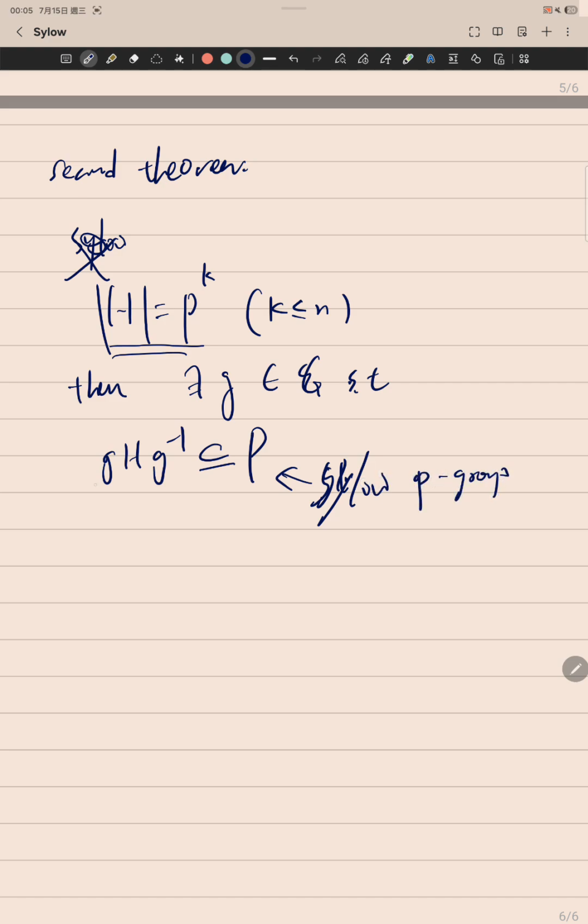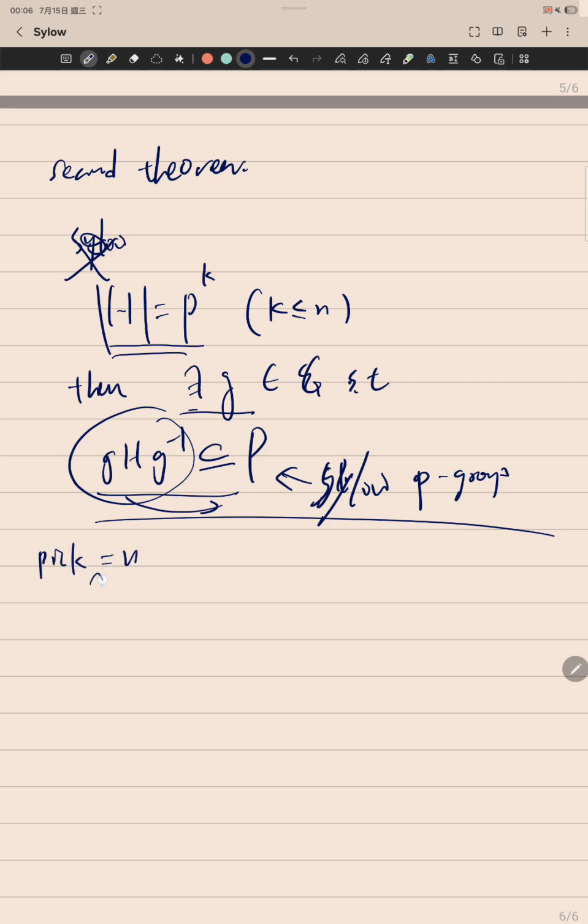So basically you can conjugate it to anything and shift it into some Sylow p-subgroup. By the way, if you pick k to be n, then this H becomes a Sylow p-subgroup.